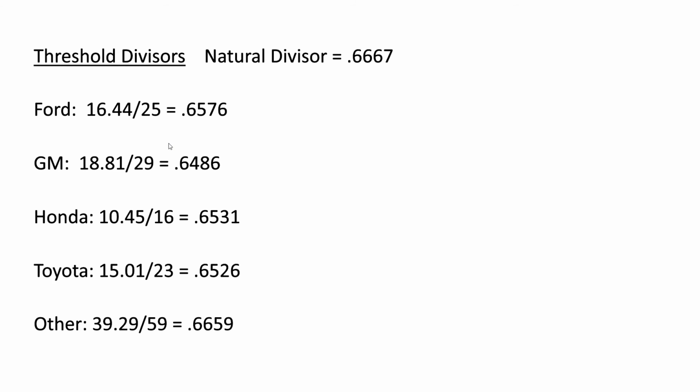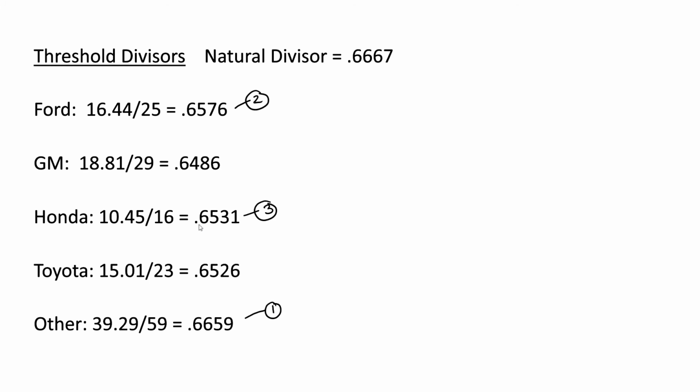So we needed to allocate 3 more seats, so we will look for the third closest threshold divisor to the natural divisor. So our first closest is over here. Our second closest would be Ford, and our third closest would be Honda. So this is first closest, second closest, third closest.